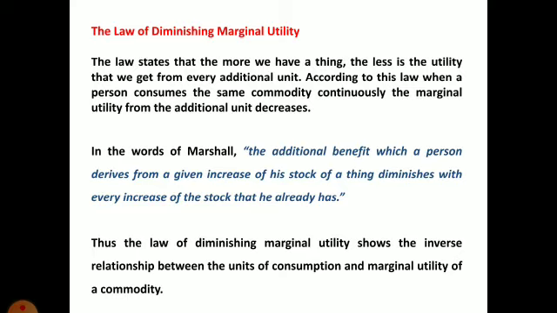So what is this law of diminishing marginal utility? The law states that the more we have a thing, the less is the utility that we get from every additional unit. According to this law, when a person consumes the same commodity continuously, the marginal utility from the additional unit decreases.